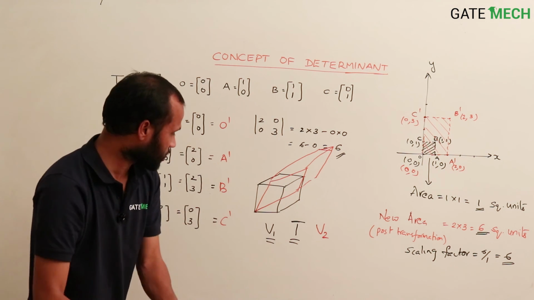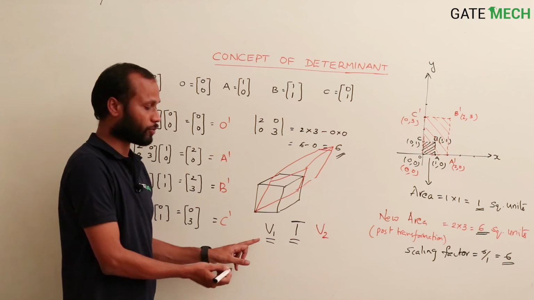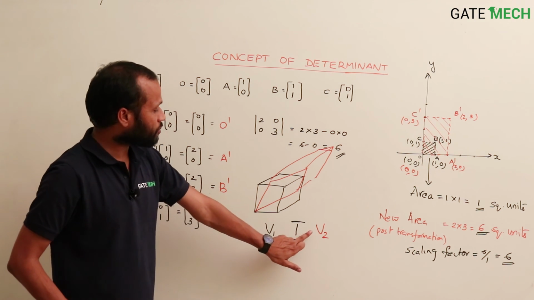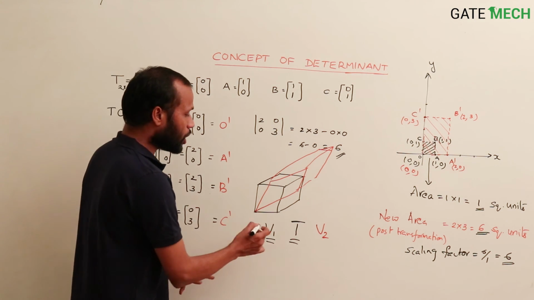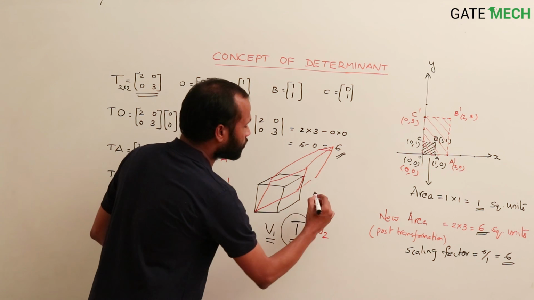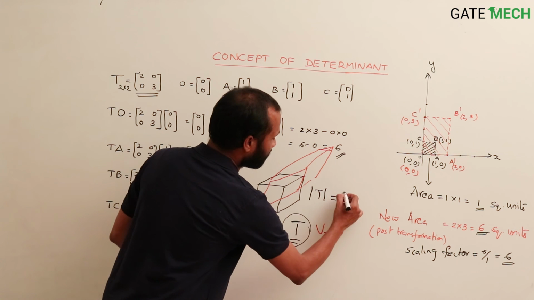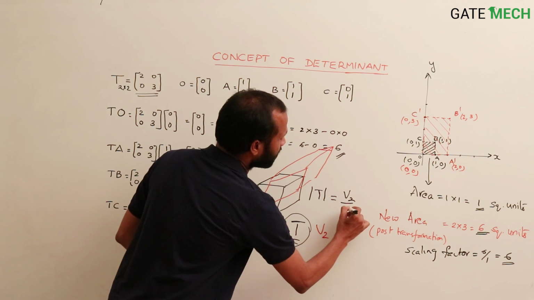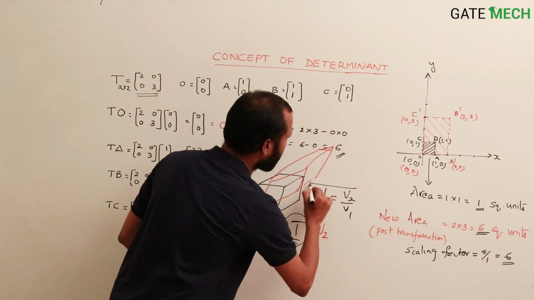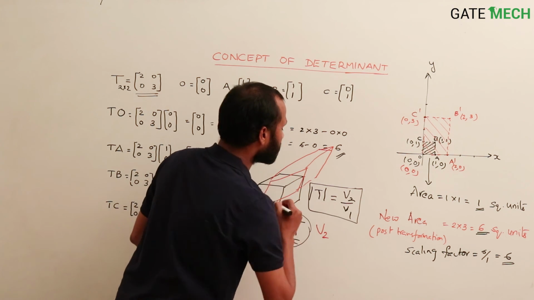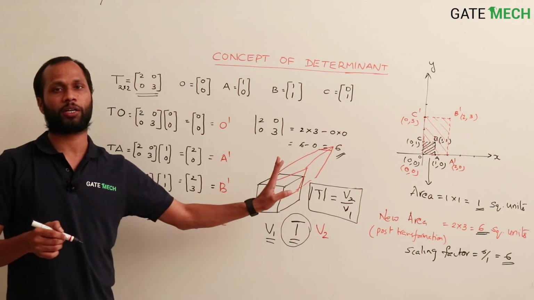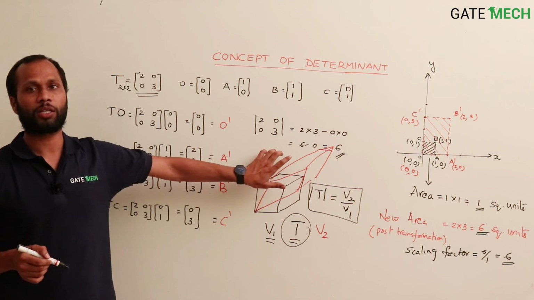Initially before the transformation the volume is V1, post transformation the volume is V2. Now the determinant of the matrix T would be equal to V2 by V1. It will give you the ratio of the change in volumes of that particular cube. This is an example in 3D space.